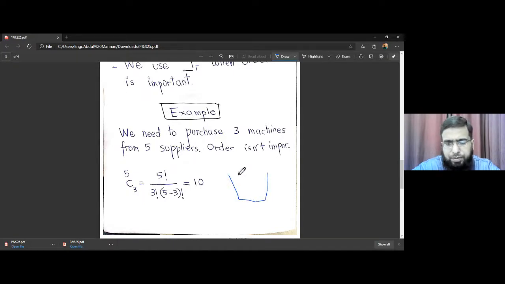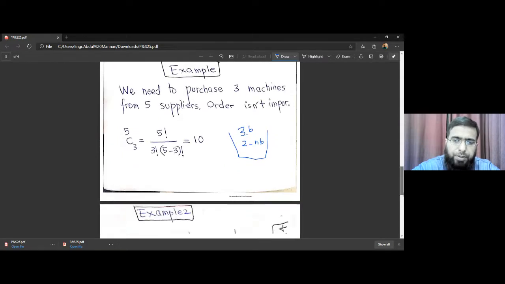It can be thought of as a bin containing 3 best suppliers and 2 non-best suppliers. So what's the probability that we get 2 from here and 1 from there?